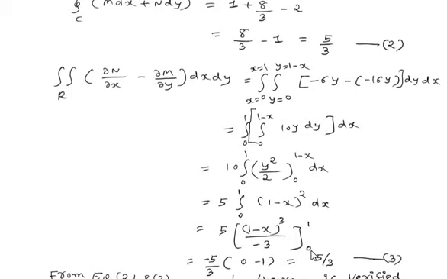The upper limit is 1 and the lower limit is 0. For upper limit 1 it is 0, and for lower limit 0 it is 1 minus 0 is 1, and 1 raised to 3 is 1. This becomes minus 5 by 3, and 0 minus 1 is minus 1. So minus 1 into minus 5 by 3, the result is 5 by 3.